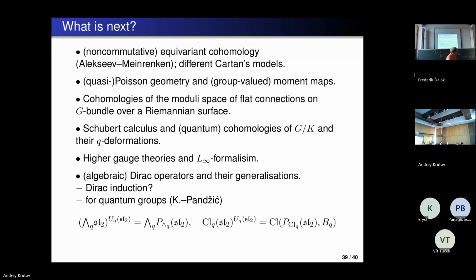Then you need a Dirac operator to show the following things. You have, let's say, quantum Grassmannians, and you have your calculus on the Grassmannians. You should show the following isomorphism: that it is isomorphic to the invariants with respect to your quantum group.